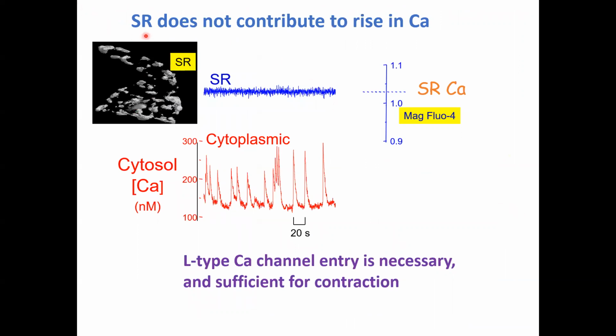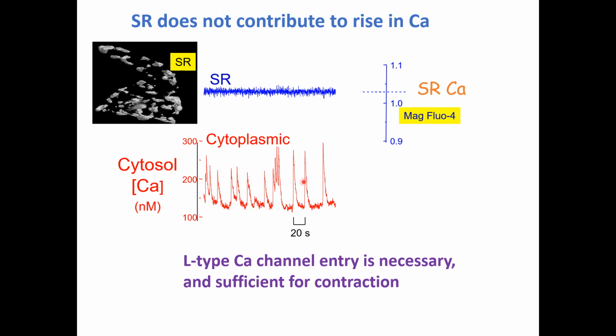What we don't need is actually release of calcium from that SR. Simultaneous measurements of SR calcium and cytosolic calcium show quite clearly we can have these calcium transients. The myometrium is myogenic.